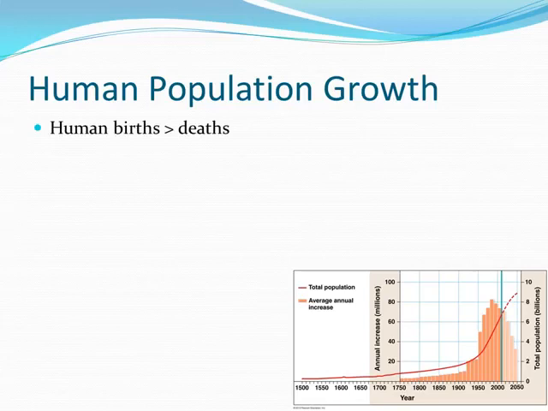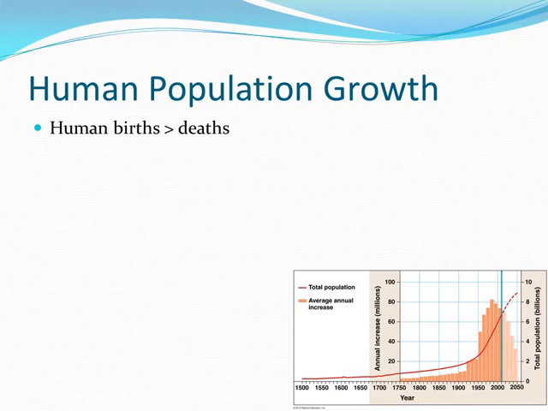Human population growth curve. Okay, so notice how, looking at this here, what type of growth curve is it? Remember, there's two types of growth curves that we talked about last time? Logistic or exponential, right?